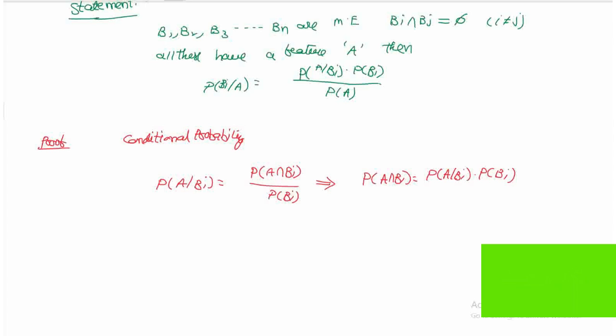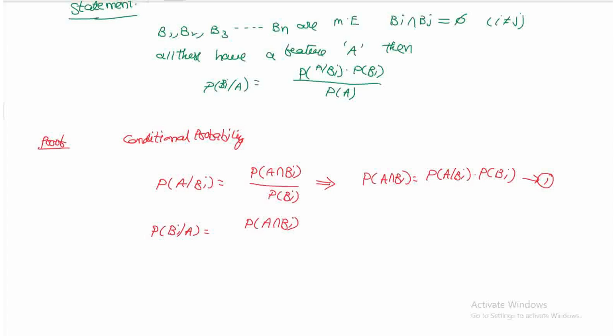Let's consider this as equation number 1. Next we go for probability of Bi given A, which can be written as probability of A intersection Bi by probability of A. Let's consider this as equation number 2.